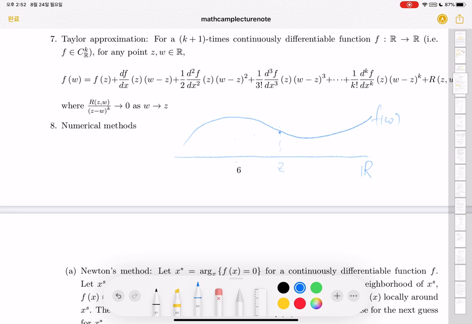Then this function is approximated, depending on your w of course, by this polynomial.